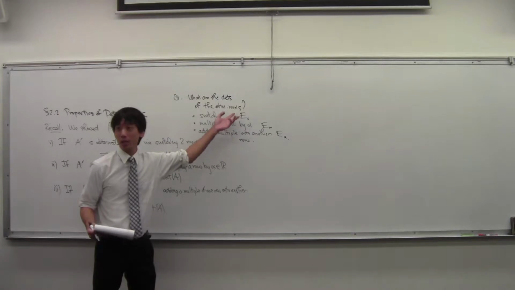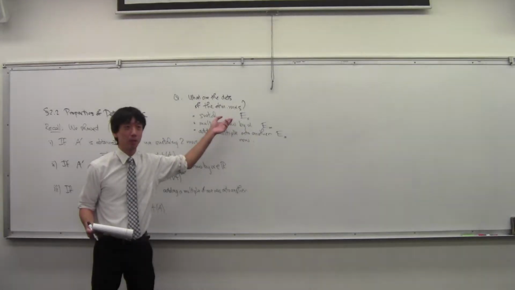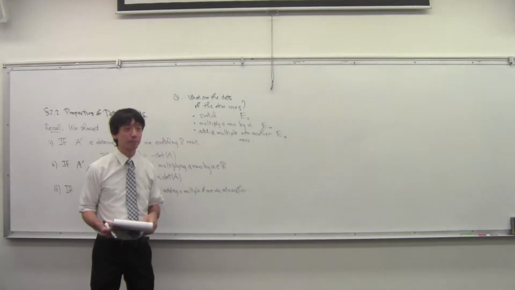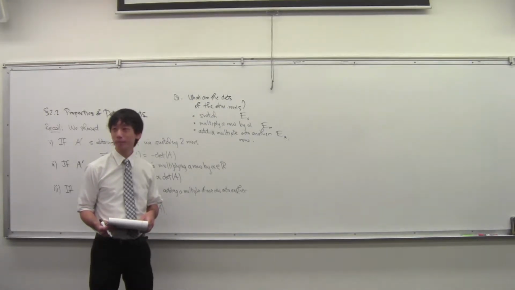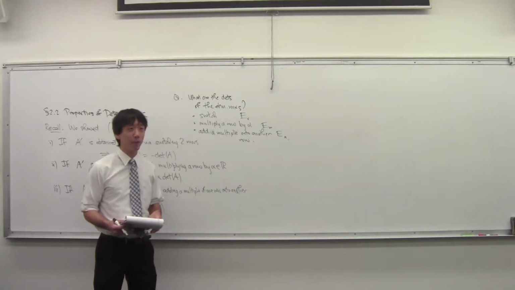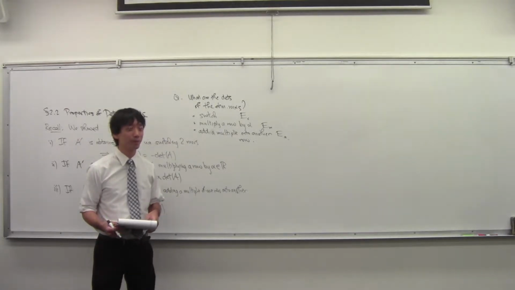What's the determinant of a switch matrix, of an elementary matrix that does a switch? Lizzie. -1. Why? Because the identity matrix is diagonal and everything's 1, so the determinant is 1.